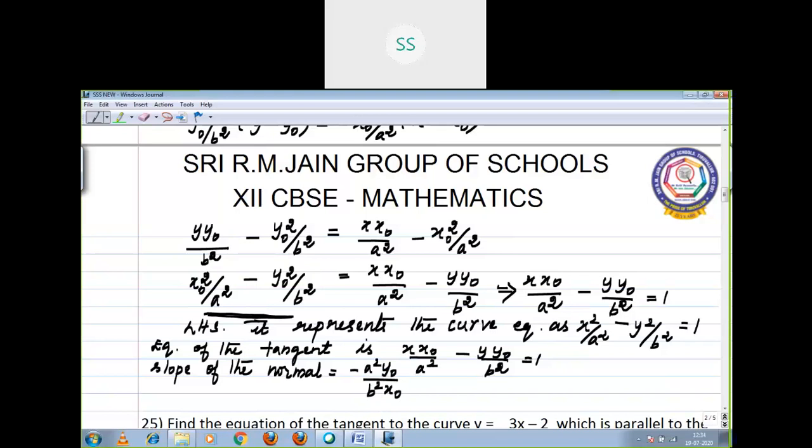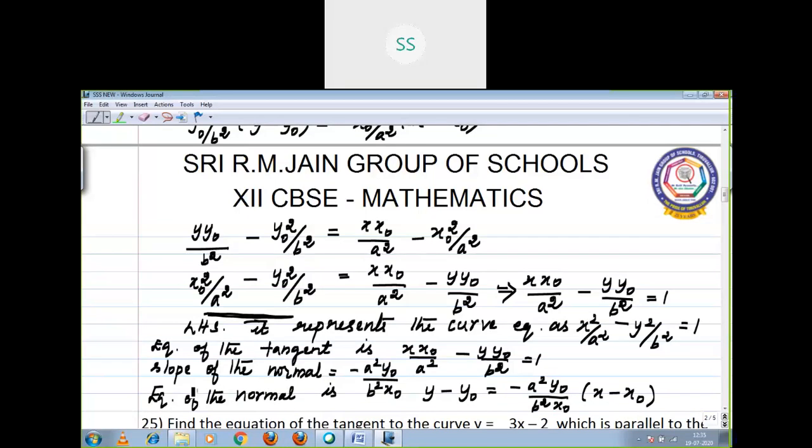Here also you are going to do the same thing, right? Equation of the normal. What is it? Equation of the normal is y minus y naught equal to minus a square y naught by b square x naught into x minus x naught, right?